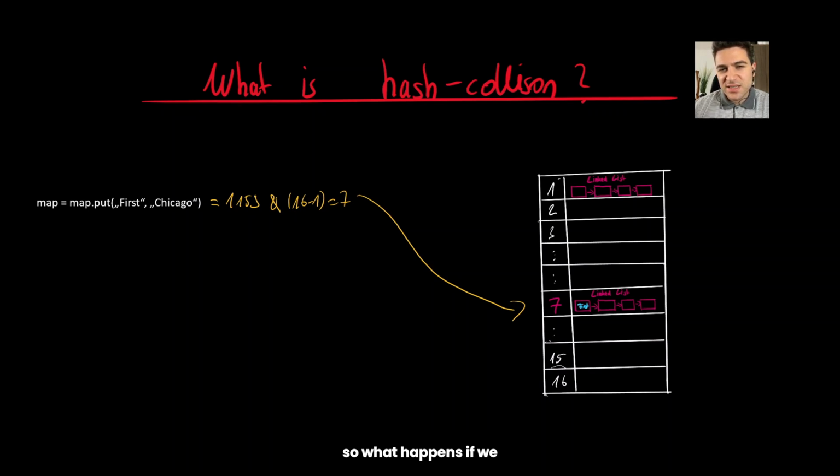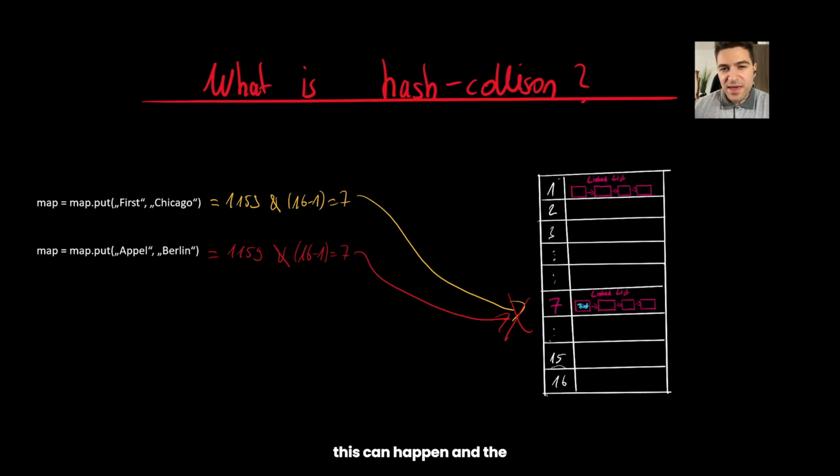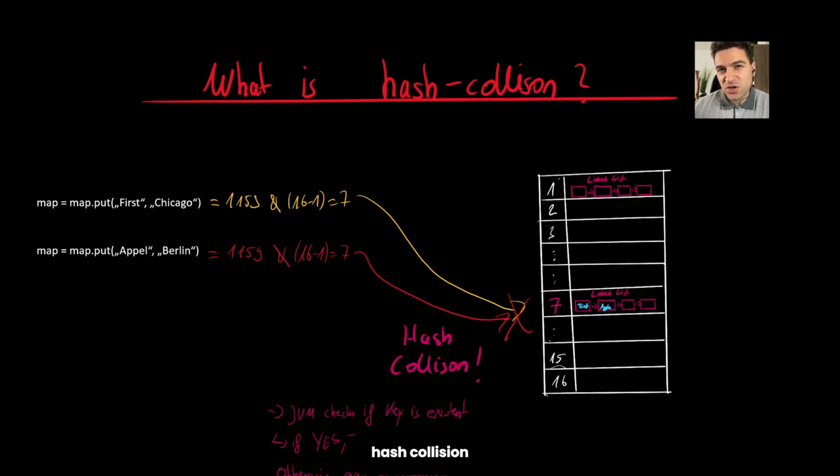So what happens if we have another value, which is Berlin, and Berlin has the key Apple? We find out that Apple has the same hash code. This can happen. And the hash code is 1159. Of course, this whole calculation is the same. So this goes in the same bucket, right? And this is called a hash collision.